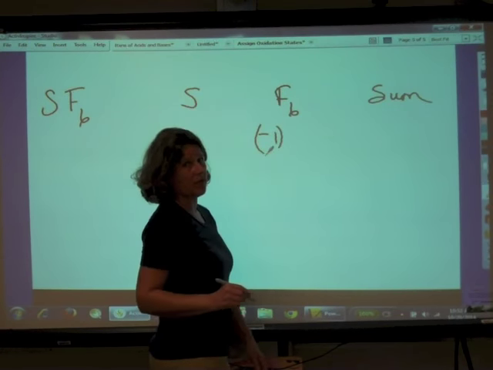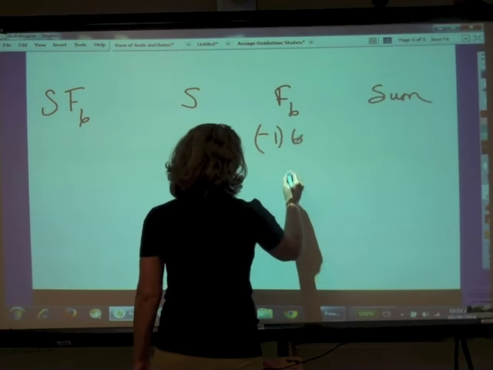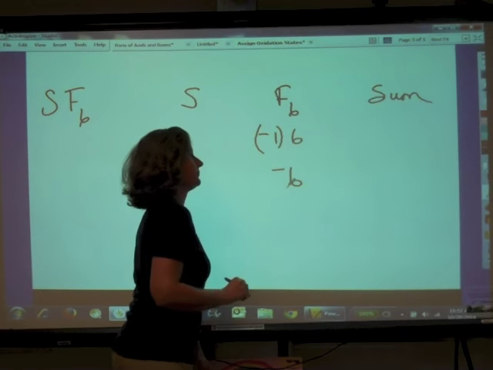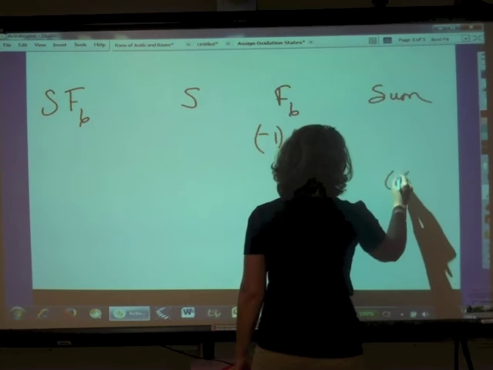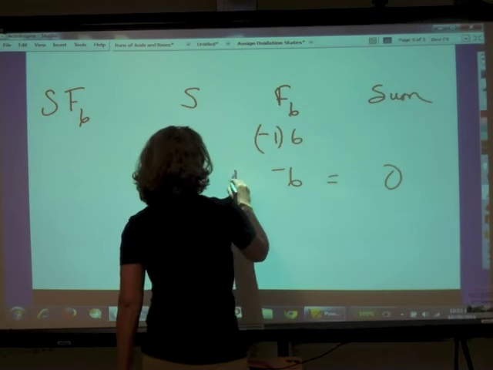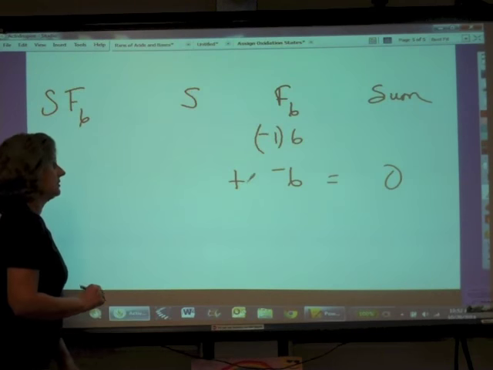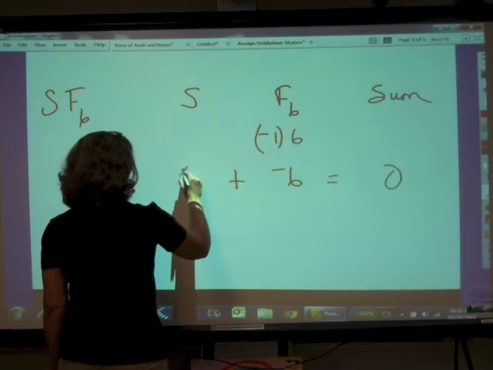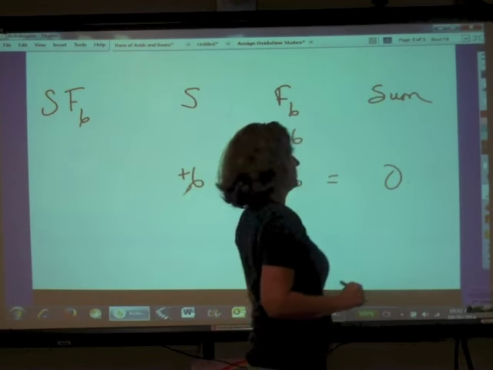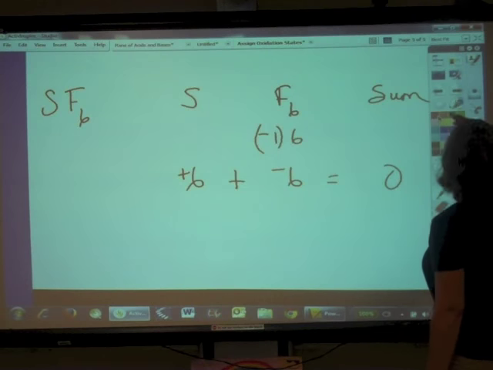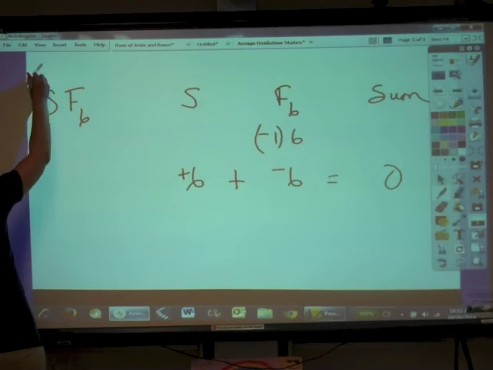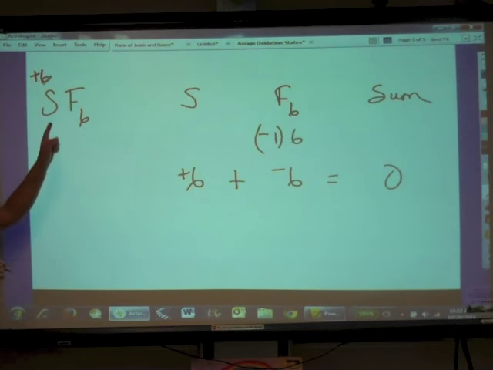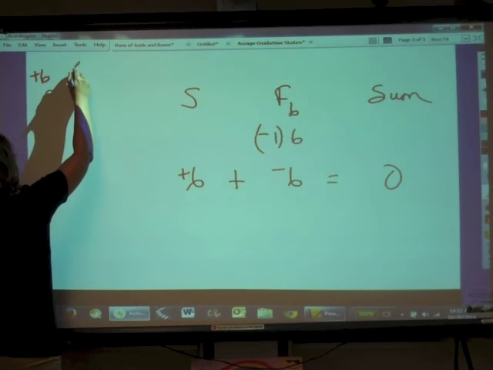And how many of them do we have? We have 6. So we have a total of negative 6. This is a neutral compound, so our sum has to be 0. What number plus negative 6 is 0? Positive 6. So that means that in this compound, sulfur has an oxidation state of positive 6. Fluoride has an oxidation state of negative 1.